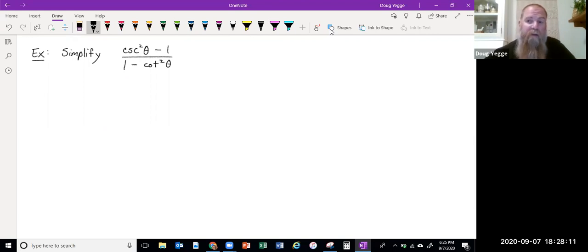If it appears that using the reciprocal identities could make your life easier, then so be it. Maybe you look at this and you realize that I see a couple of quantities that are being squared. So you think maybe I could use some Pythagorean identities and try to work through it in that way.